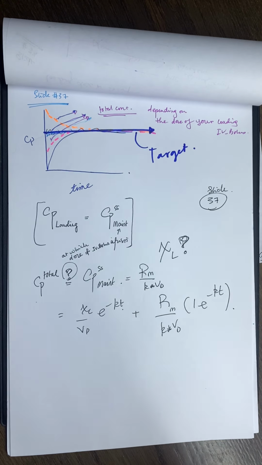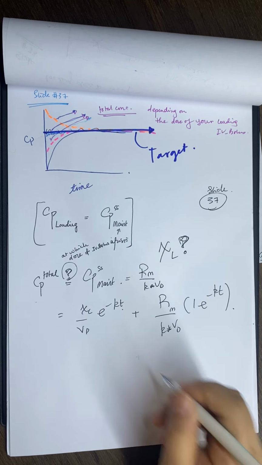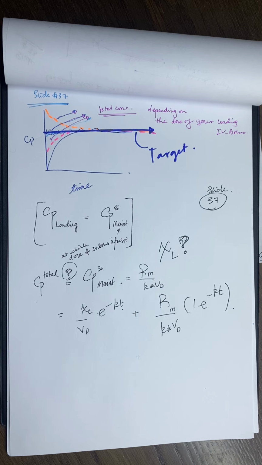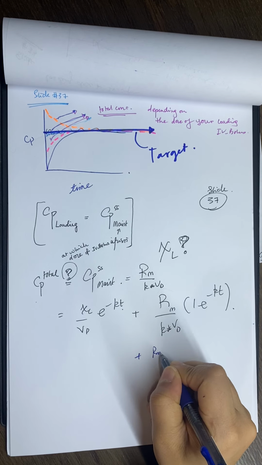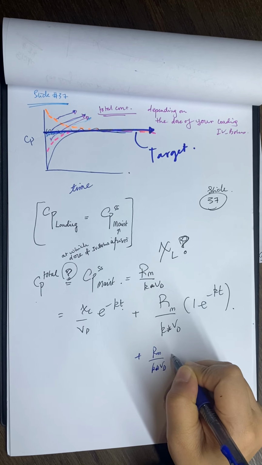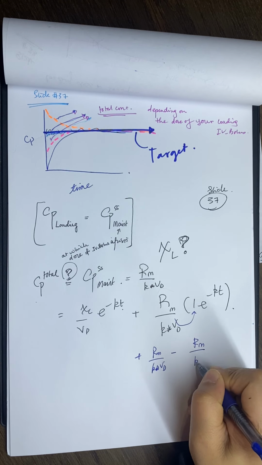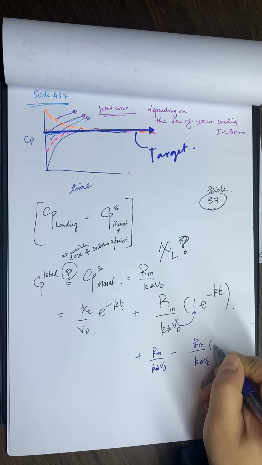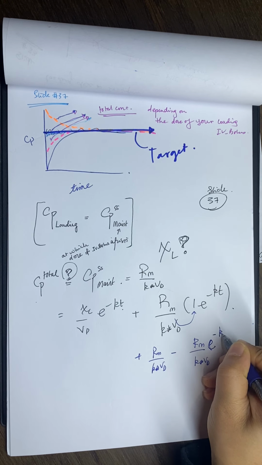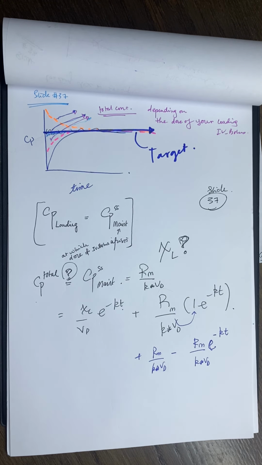Okay, so if you just play around with it, you will find R_m over K VD minus R_m over K VD multiplied by the exponent of minus K with time, right?